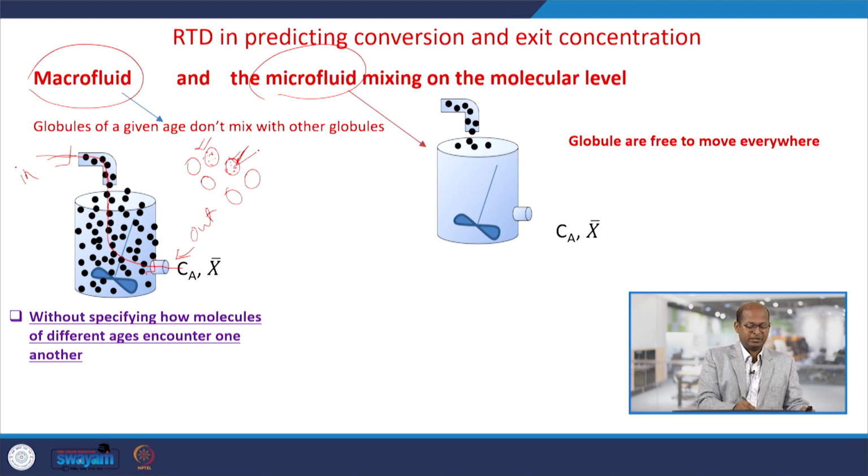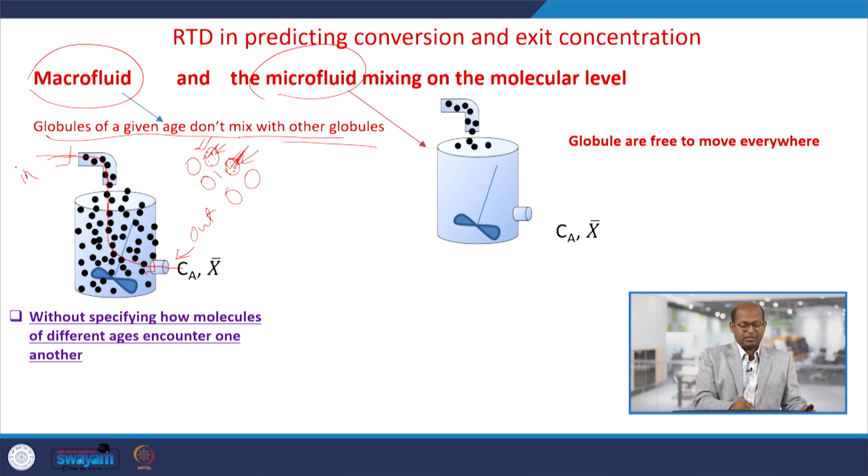But within a globule, the molecules mix with each other and have the same residence time; all molecules in a particular globule spend equal time when passing through the reactor. But the residence times and mixing of this globule and that globule are different. So each individual globule we can consider as a unique molecule.